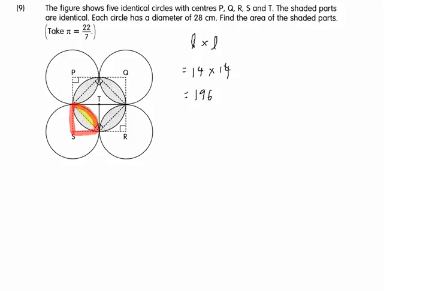Okay, I'm looking at this quadrant. In order to find this quadrant, it will be 1/4 multiplied by pi multiplied by r multiplied by r, which is 1/4 multiplied by 22/7 multiplied by the radius in this case, Elliot. Fourteen.